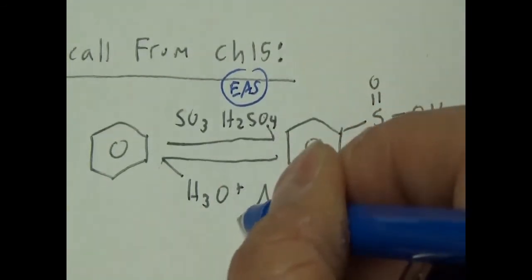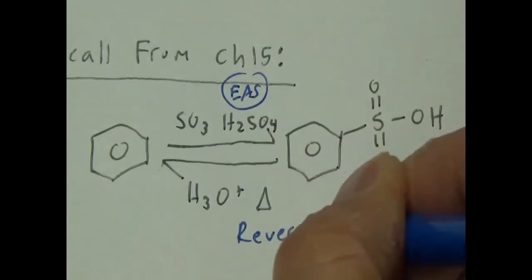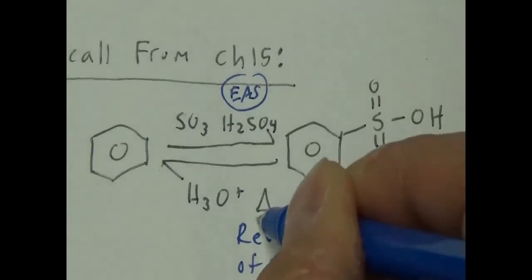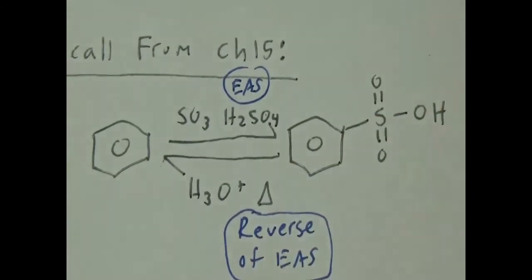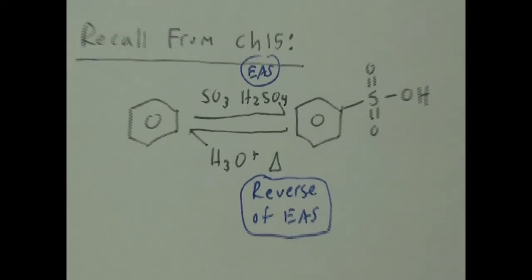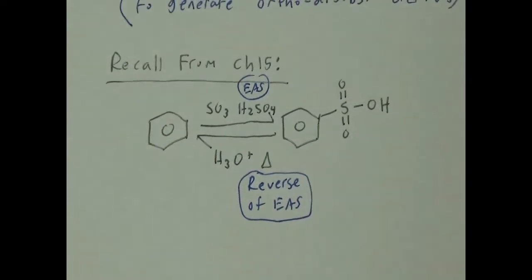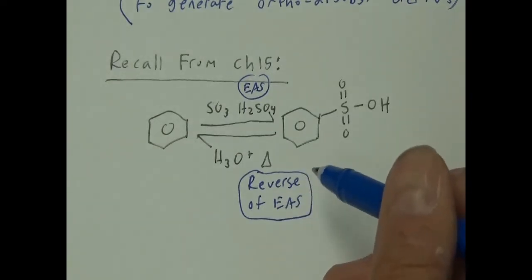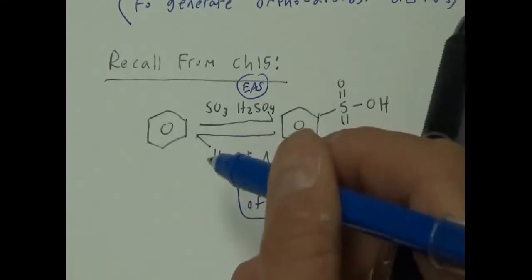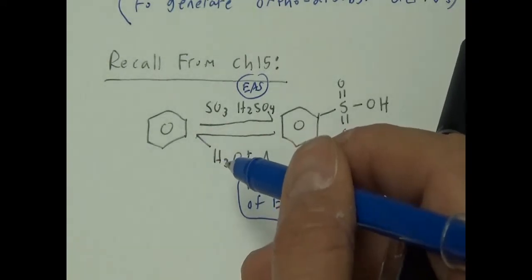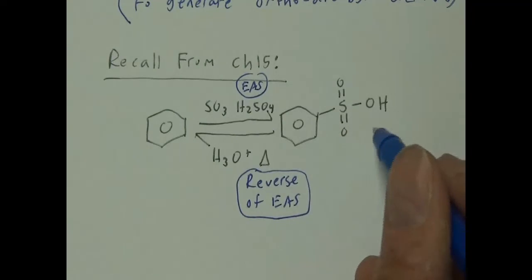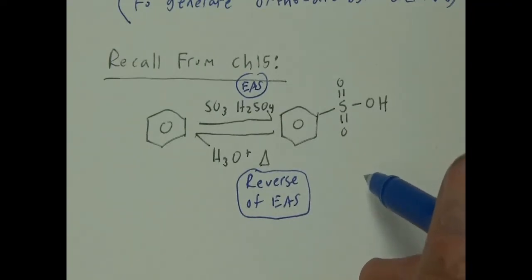You might want to practice that just for fun. We'll say reverse EAS, the reverse of the EAS mechanism. If you want me to go through it, you can ask in office hours. I think we did it in one of the recent office hours, so you might be familiar with this. Okay, so we know how to put it on, we know how to take it off. I'm not going to show the mechanism here, but if you ask me in office hours, I'll do it.